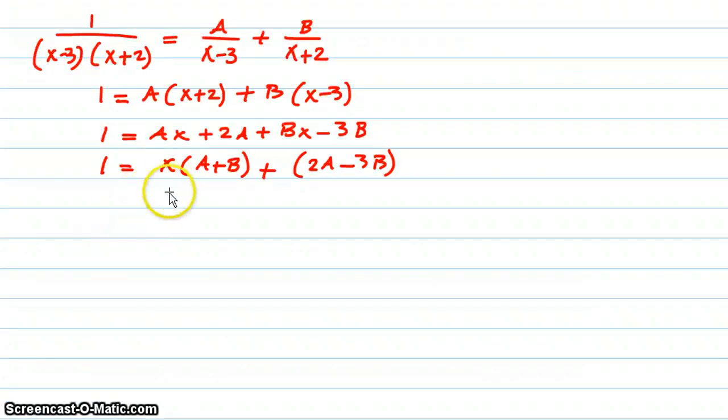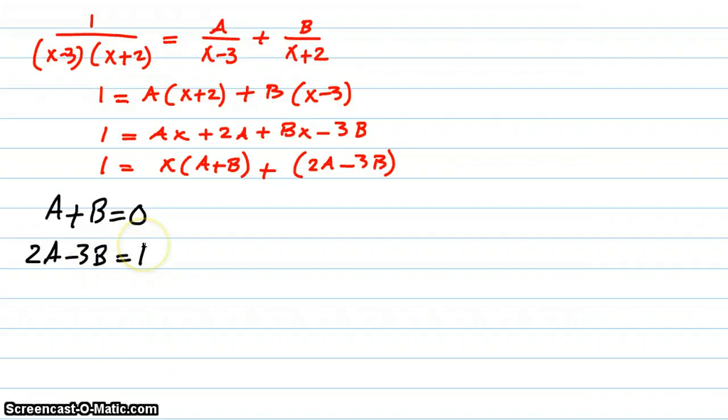Okay, so how do we solve this? Well, if you look on the left hand side, there is no x term. Therefore A plus B must be equal to 0. And also the numeric term on the left hand side is 1, and this is supposed to be the numeric term 2A minus 3B. Therefore 2A minus 3B is equal to 1.